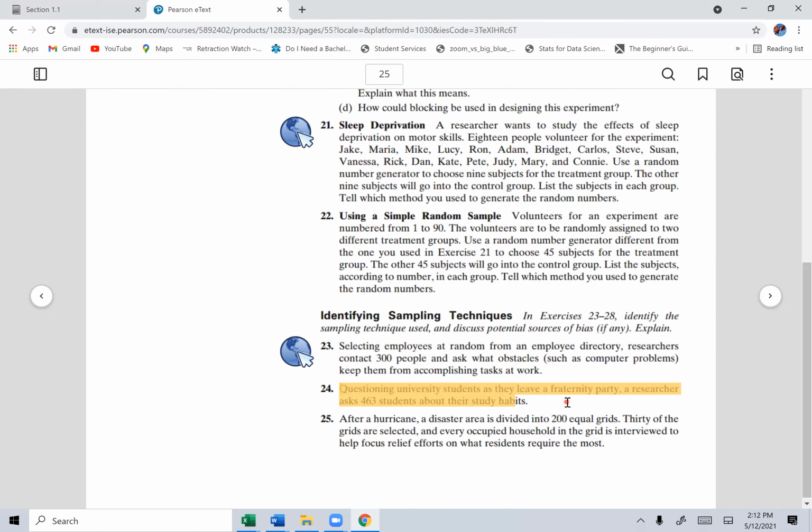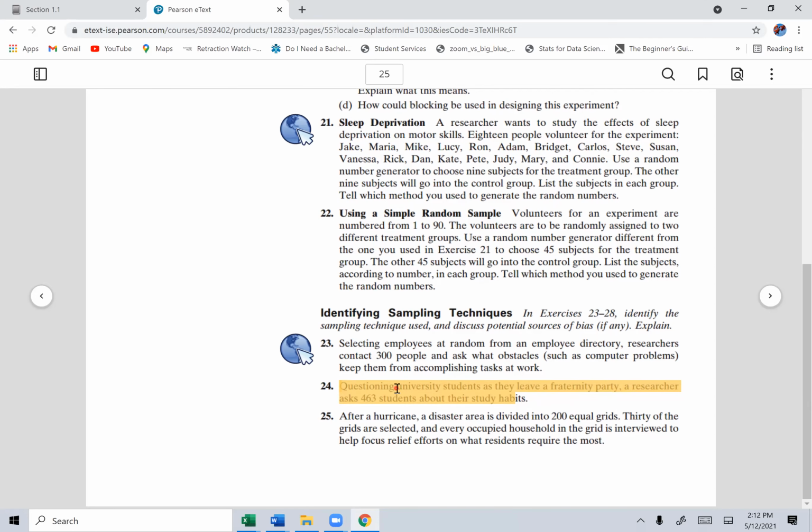Do you guys agree it's convenience? You're asking students who are leaving a party about their study habits from one place. That's convenience. And that's going to lead to bias, because those students are likely going to tell you they don't study as much and prefer to party more. That's not a reflection on the entire student body.